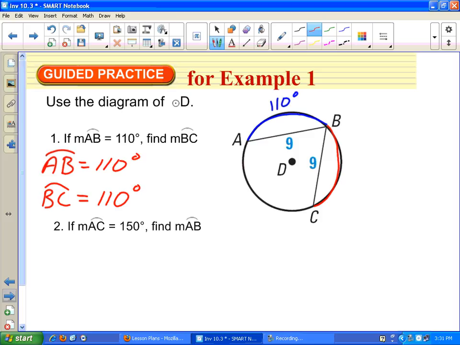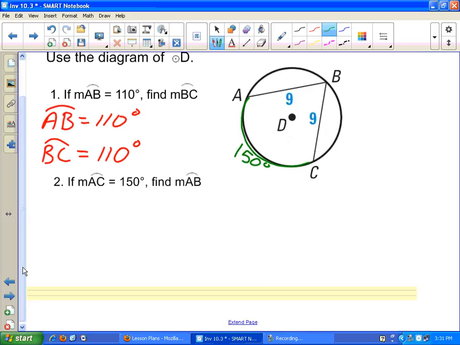For the second part, using the same idea, we know that AB is congruent to BC, so they're both 9. This time we're told arc AC is equal to 150. We need to find the measure of arc AB. We have to remember there are 360 degrees in a circle.